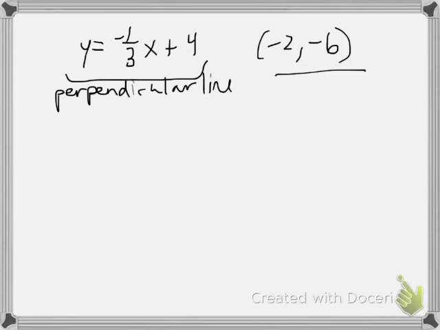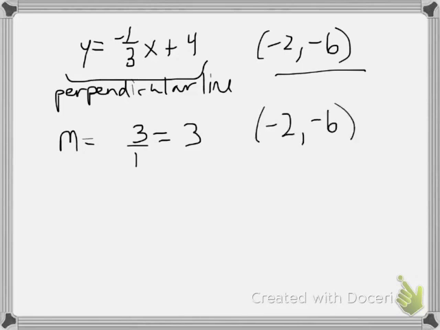So what changes from our last problem? Well, the only thing that changes is going to be the slope. And the slope is the negative reciprocal. So I need to flip 1/3. Obviously, that gives me 3/1. And I need to make it negative. Well, it's already negative, so it becomes positive. So our slope is just going to be 3.